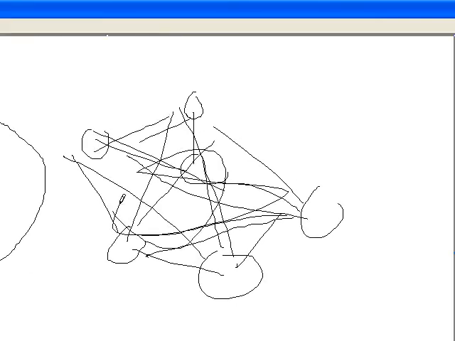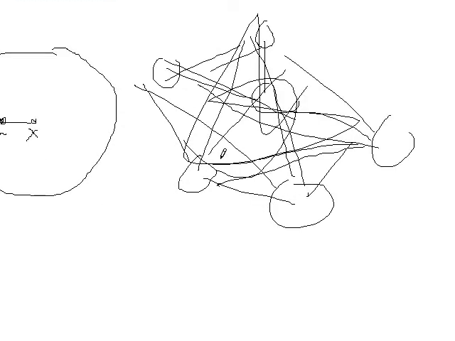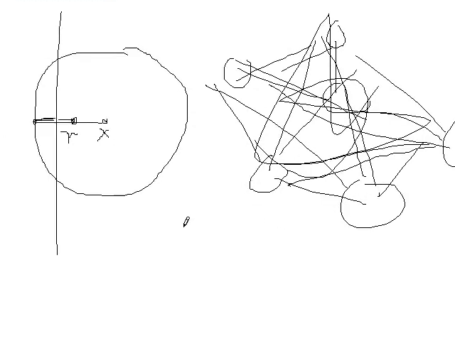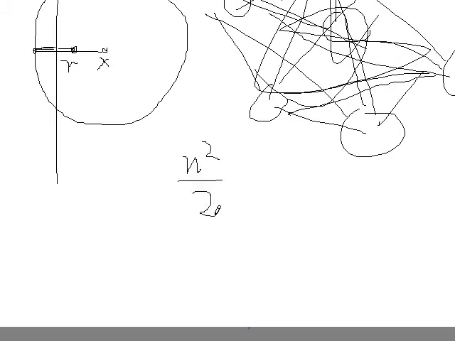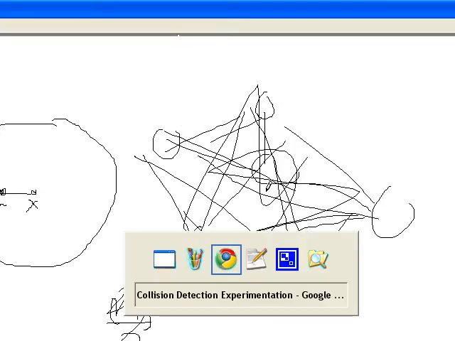Lots and lots of lines everywhere. As the number of circles goes up, it gets quadratically bigger. It's like n squared on 2-ish, or n minus 1 squared on 2, whatever.